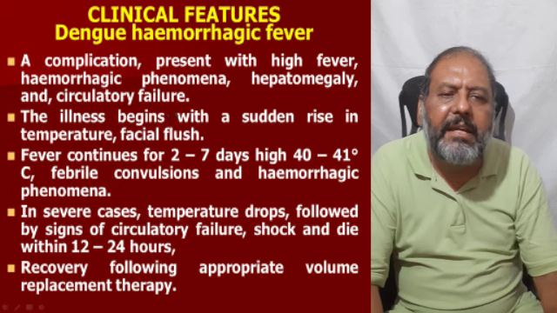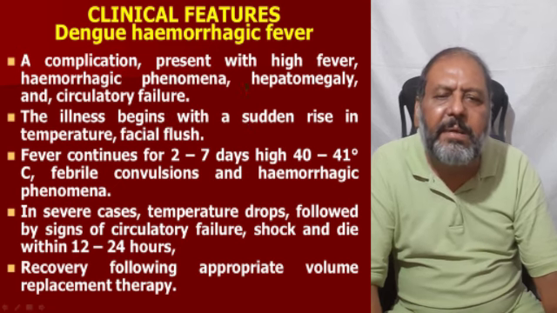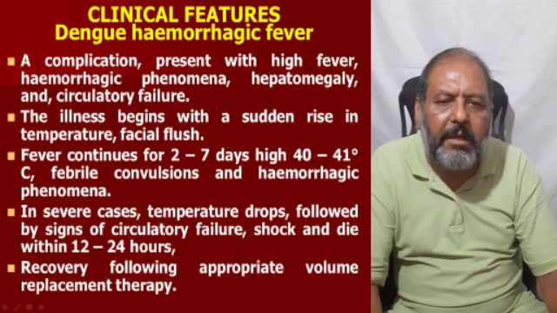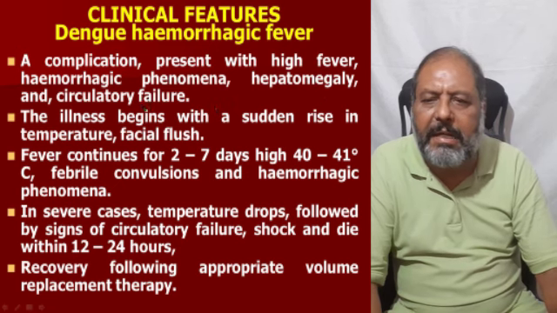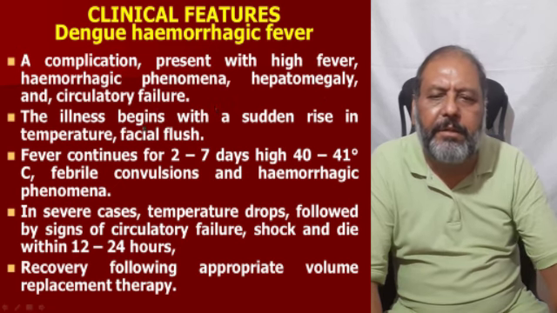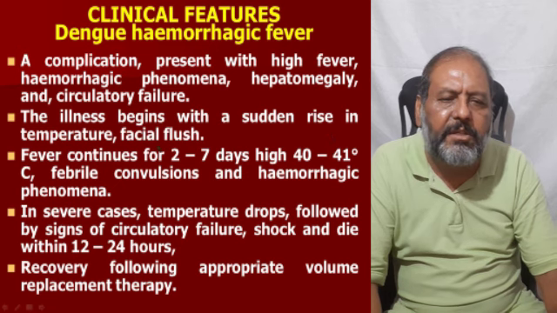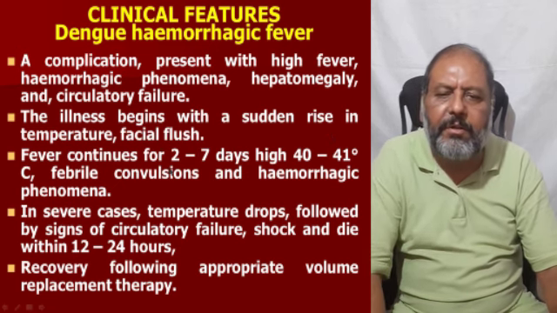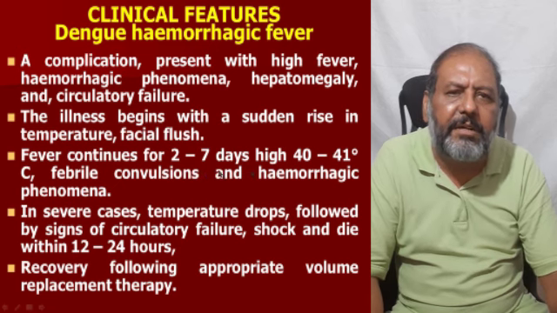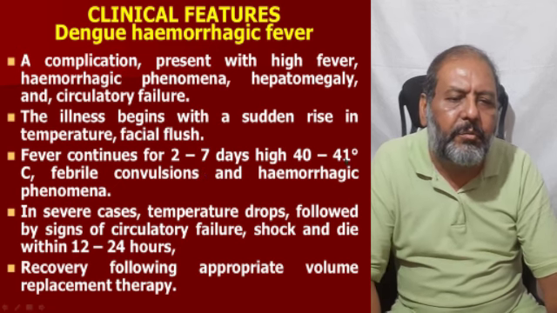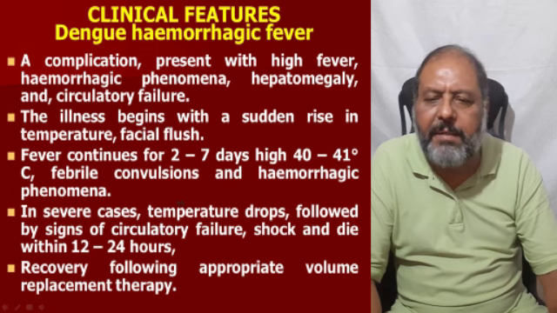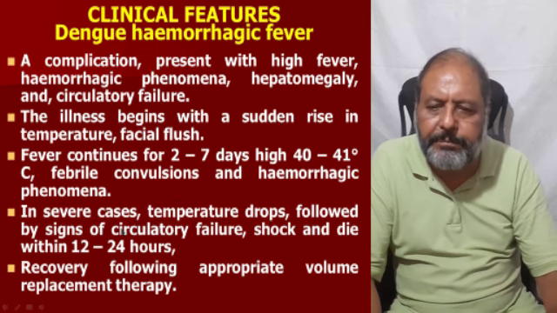Now, dengue hemorrhagic fever, it is a complication presenting with high fever, hemorrhagic phenomena, hepatomegaly, and circulatory failure. The illness begins with a sudden rise in the temperature, facial flush, fever continues for 2 to 7 days, high 40 to 41 degrees centigrade, febrile convulsions, and hemorrhagic phenomena occur.